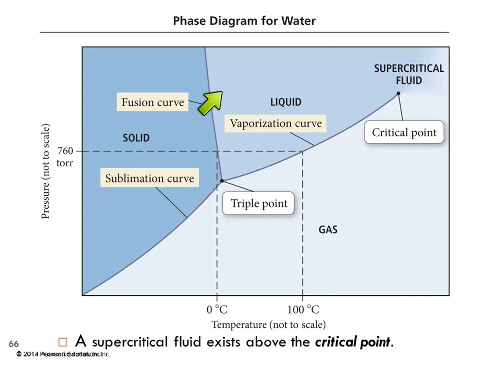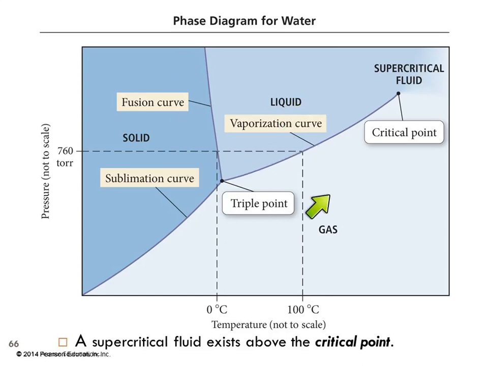The fusion curve shows us where the solid is going to melt to the liquid, and that temperature at which it melts changes a little bit because of the pressure. So if you increase the pressure on the ice, it will cause it to melt at a slightly higher temperature. And if you decrease the pressure, the melting point goes down.